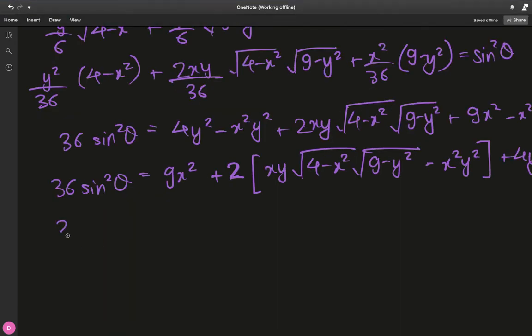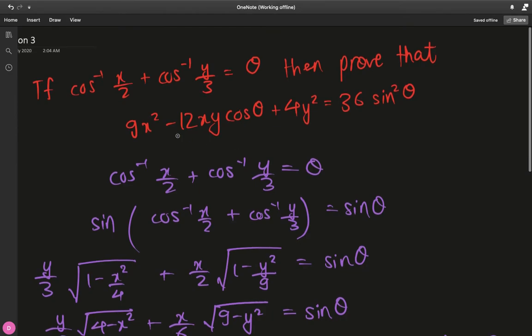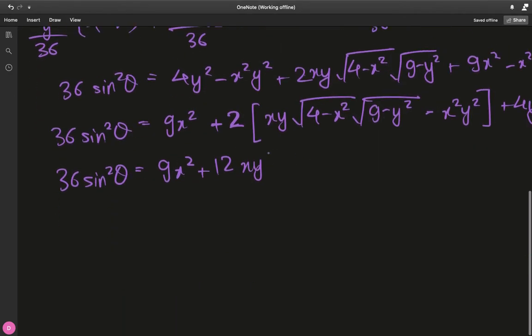Okay, so now what I'm going to do is look at this term, pull out xy. So we have xy and then multiply and divide by 6. So 6 times 2 is 12xy, and it's actually matching with this 12xy. And we have square root of 4 minus x squared times square root of 9 minus y squared.